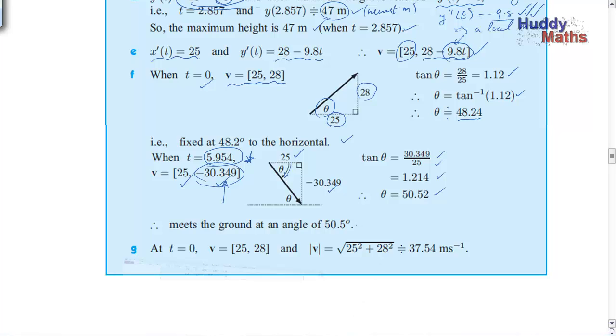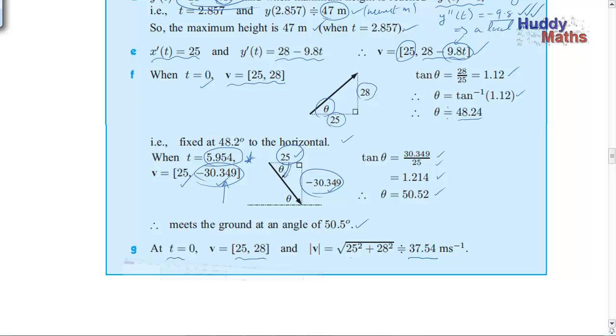So it meets the ground at 50.5 degrees, because at the instant when it meets the ground, these are the components of the velocity vector. Okay, and then finally, what is its starting or its initial velocity? So at t is 0, it's that, and its speed is that, therefore.